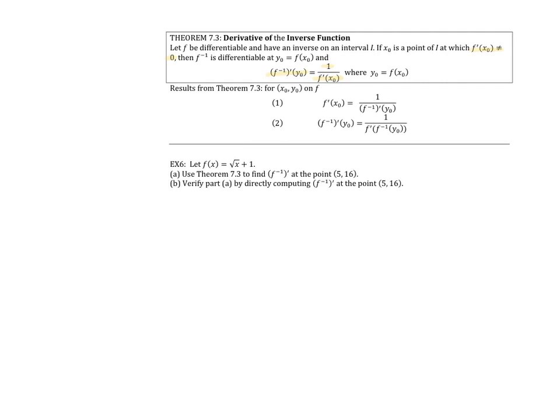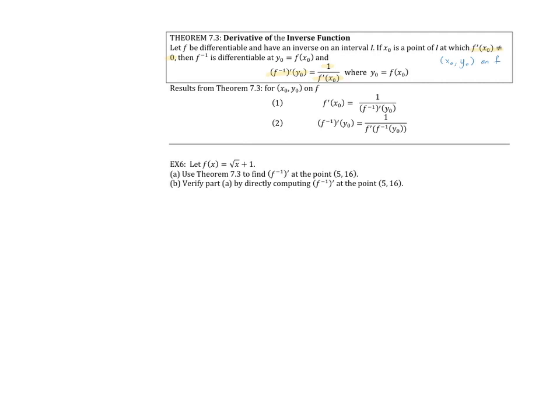Okay, so something to note is this x sub 0, y sub 0, this is a point on the function f, not on the inverse function.